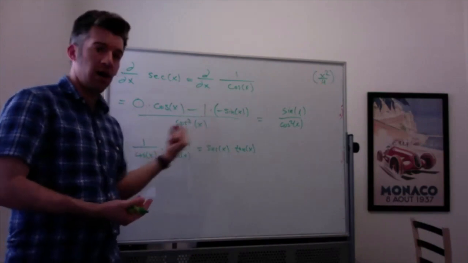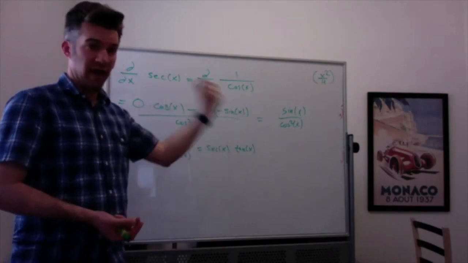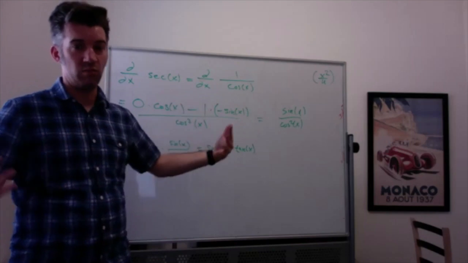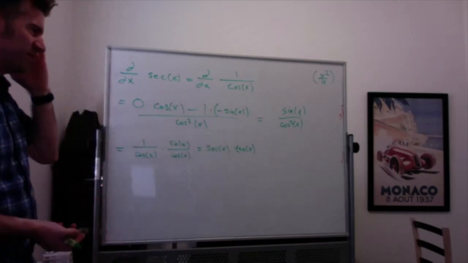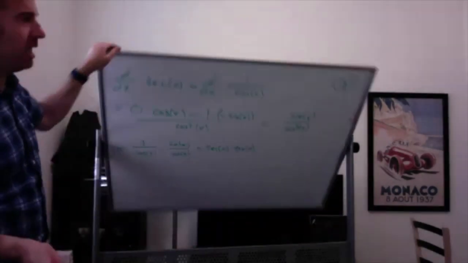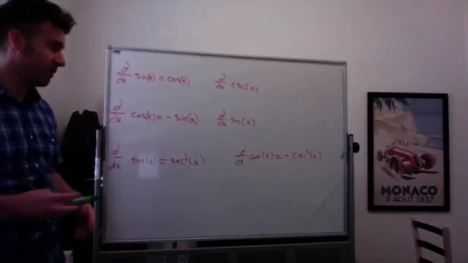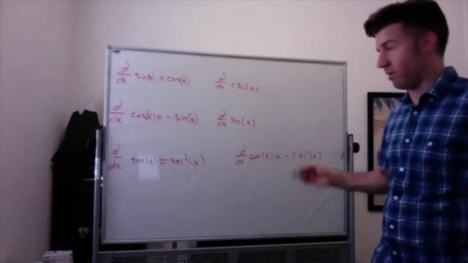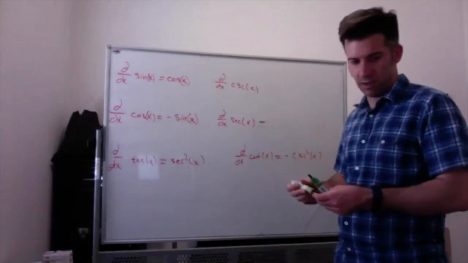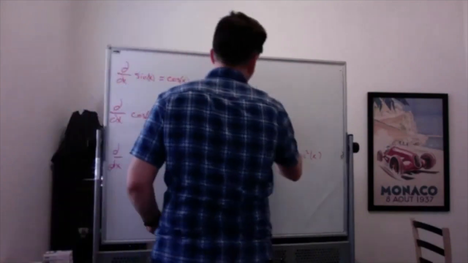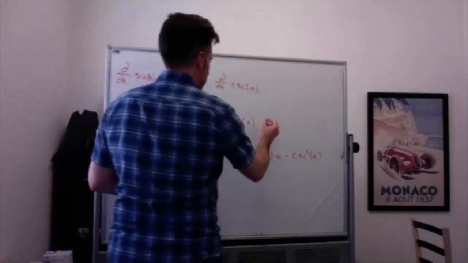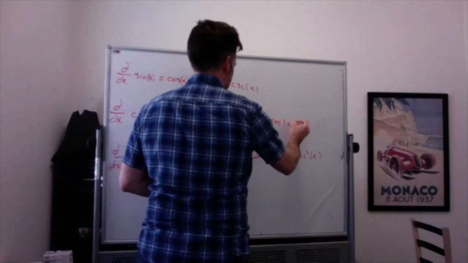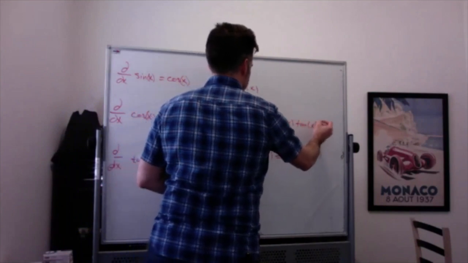It is secant of x times tangent of x. It is two functions of x multiplied together. And that's a little bit unique. There are not a lot of other basic functions where the derivative has two occurrences of the variable you're talking about. That's going to be secant x tangent x.